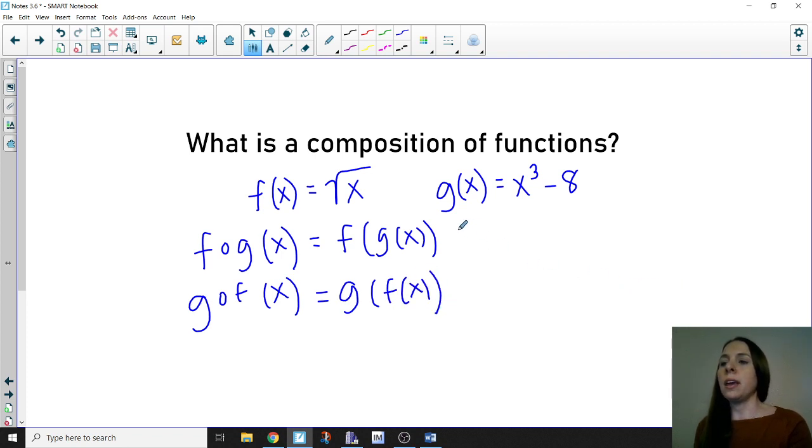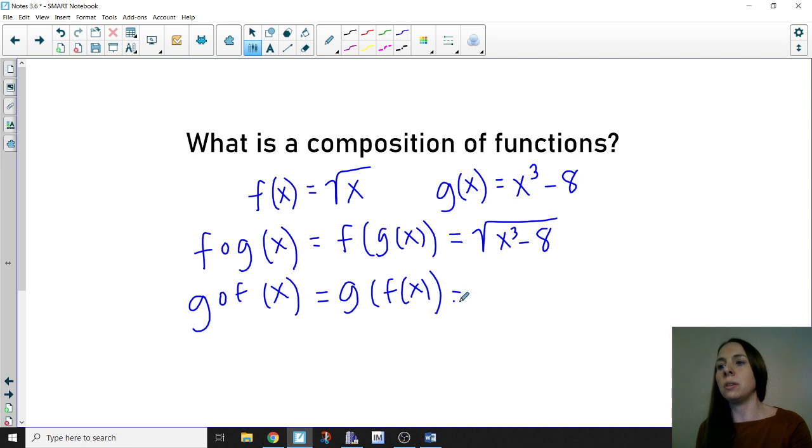Okay. And so these two things, with these specific functions, mean different things. f of g of x says, take your f of x function and replace the x with g of x. And so that would look like this. I would have the square root of x cubed minus 8. g of f of x says, take the g of x function and replace the x with the square root of x.